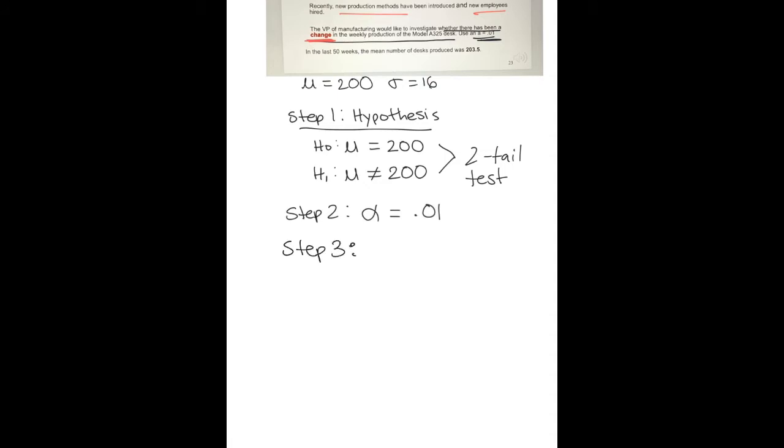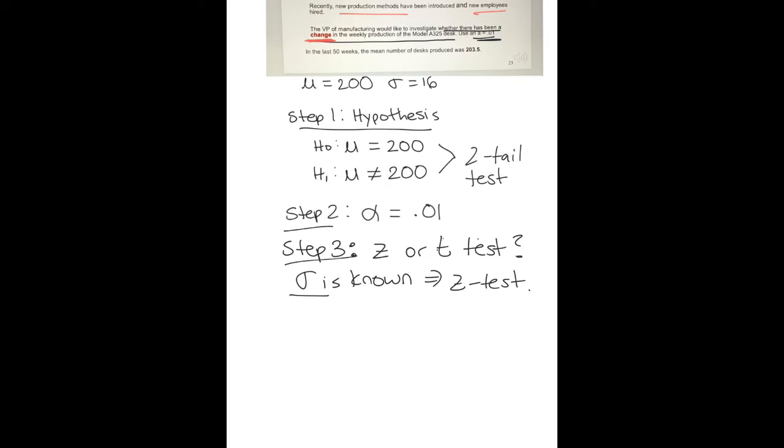Remember, this is the question of which test statistic to use. It's either a z-test or a t-test. In this case, we know that sigma is known and given to us in the beginning of the problem, and therefore we will be using a z-test.